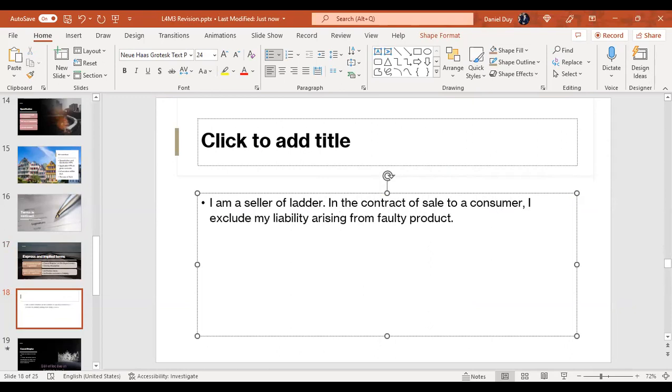And for example, the customer using my leather falls from it due to a defect on the leather bar. Then the question is whether my exclusion of liability is applicable in this scenario according to the Unfair Contract Terms Act.